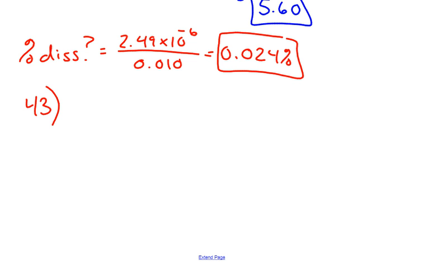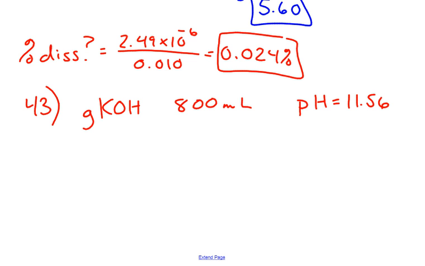How many grams of KOH to prepare 800 milliliters of a solution with pH equals 11.56? This is just common stuff. As I told you, usually in AP questions or on a test, there's always something that takes you out of your comfort zone just a little bit. This is one of those.